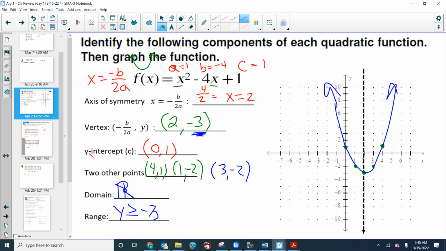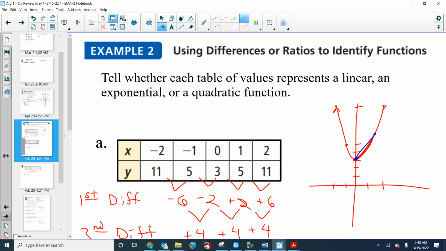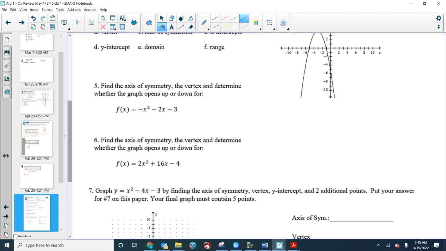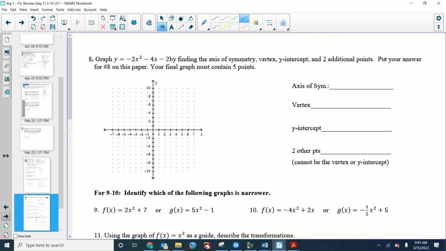All right. We'd like you to do 1 through 7, or 8, because look on the next slide. It says tomorrow.